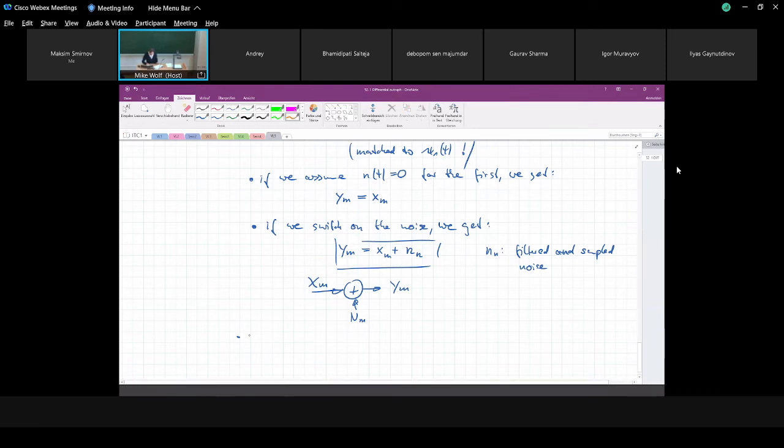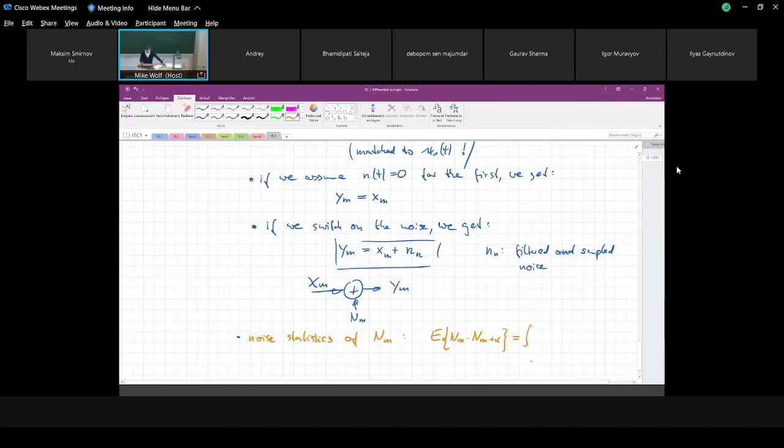statistics, okay? This is really important. Statistics of N_m. So I switch between lowercase and uppercase, you know why. n_m is a concrete realization, a concrete value. And if I talk about statistics, I model it as a random variable. What is it? Since we use a unit energy filter, we can say the expected value of N_m times N_m plus k.